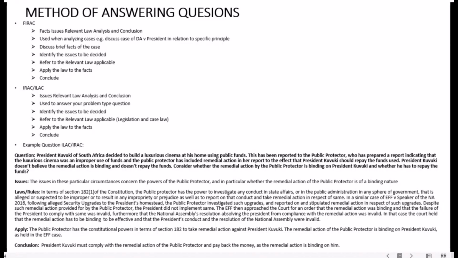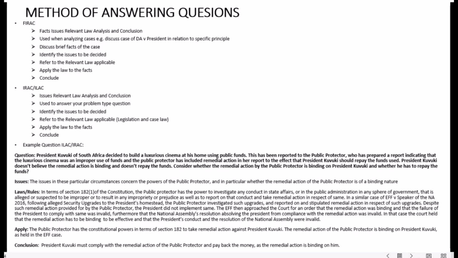Despite such remedial action provided for by the public protector, the president did not implement same. The EFF then approached the court for an order that the remedial action was binding and that the failure of the president to comply with same was invalid. Furthermore, the National Assembly's resolution absolving the president from compliance with the remedial action was invalid. In that case, the court held that remedial action has to be binding to be effective.